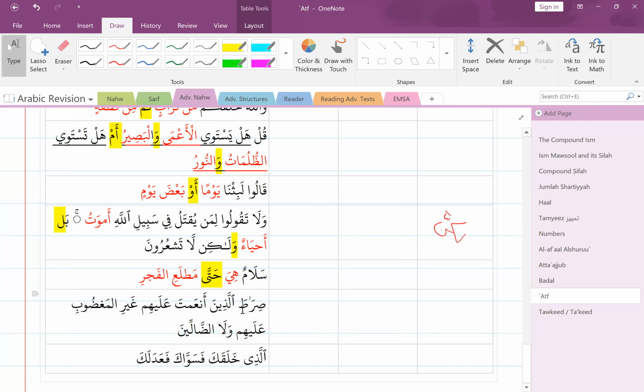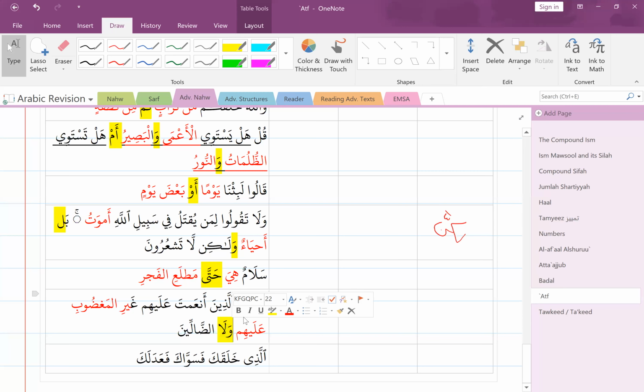صراط الذين أنعمت عليهم غير المغضوب عليهم. غير المغضوب is the معطوف. What's the حرف عطف? لا is the حرف عطف. And again, with wow we can have the entire sentence, right? Yes. La dolly is the matuf.